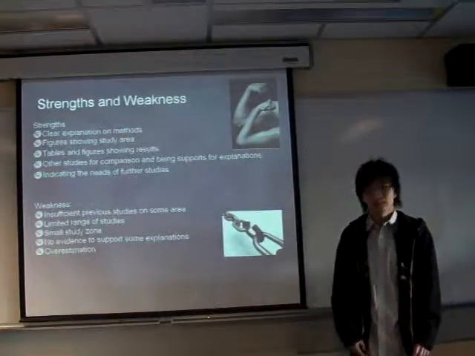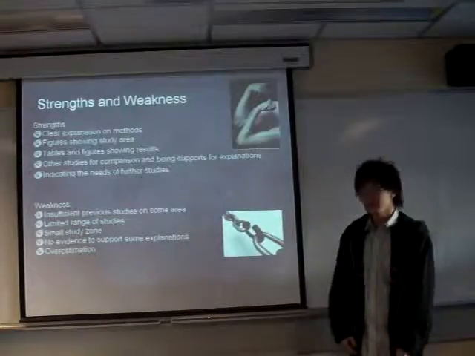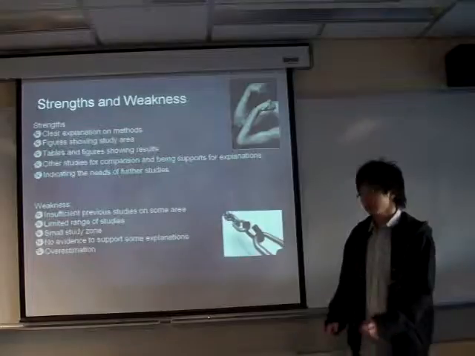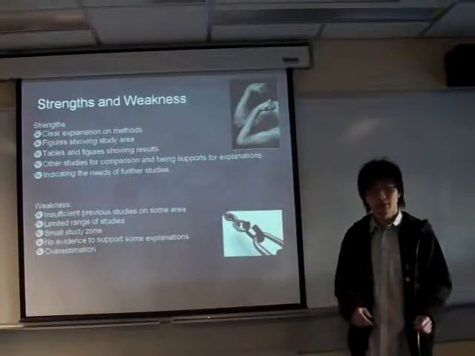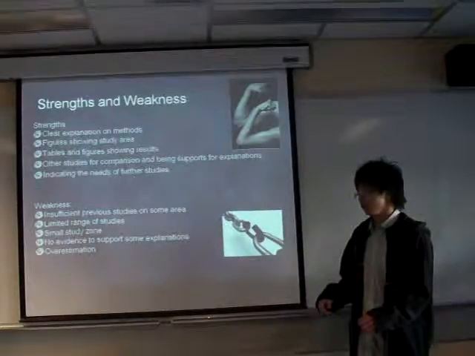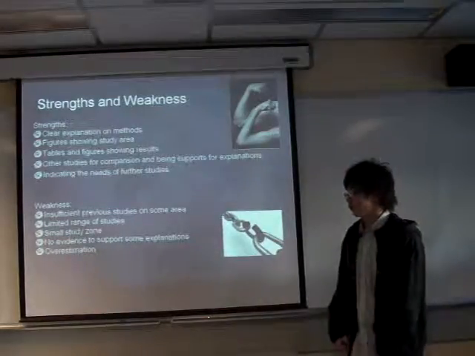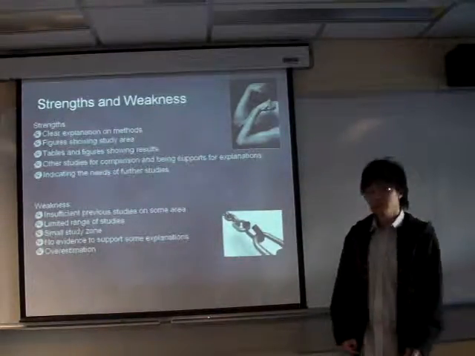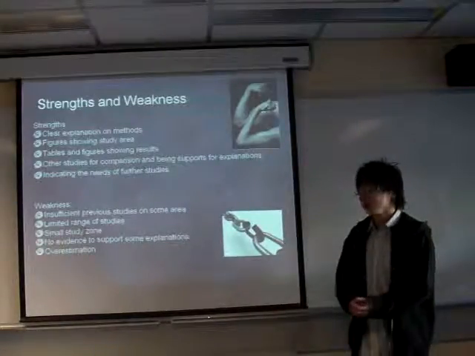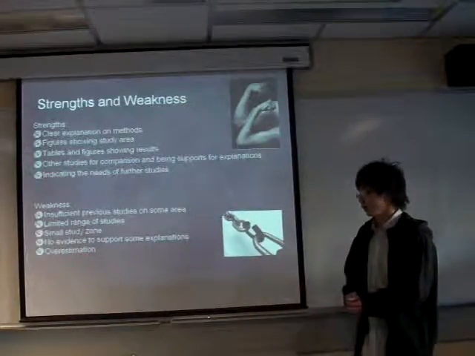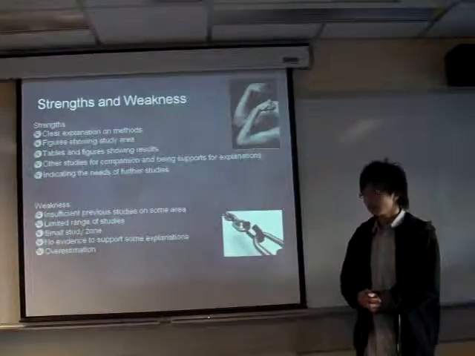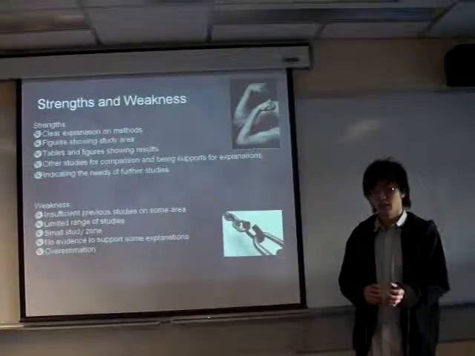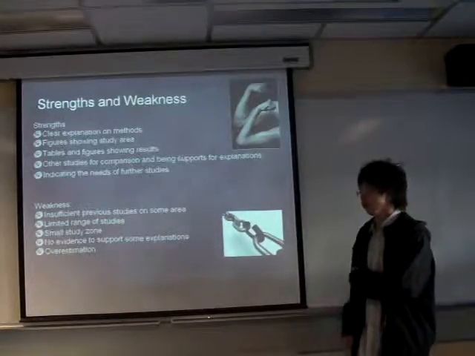However, there are insufficient previous studies on some areas, so the authors cannot report all the facts in their papers with the limited knowledge and information. And the range of the studies is small and limited, so the findings of the authors can only reflect part of the facts, but not the whole picture.